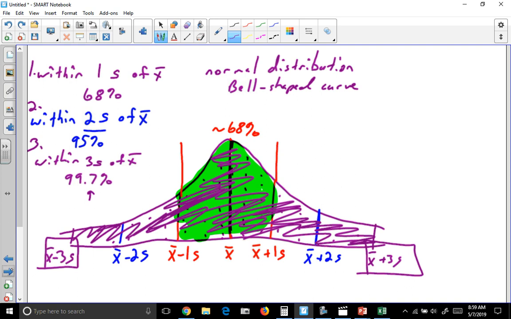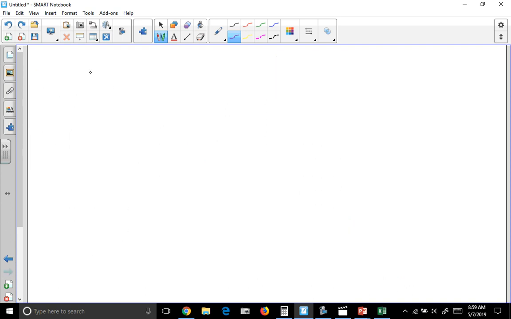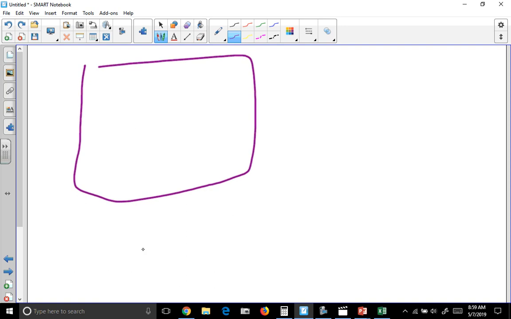So one thing that we do occasionally is if we're given a set of data, we want to test, is it normally distributed? Is it a normal distribution? So we have to generate those intervals. We have to find out what is the mean for our sample, and then we have to look at the first interval.